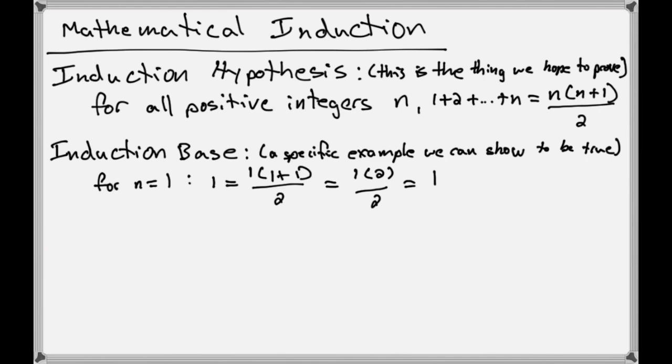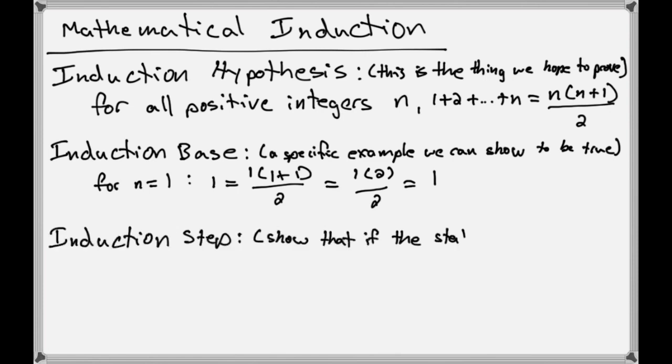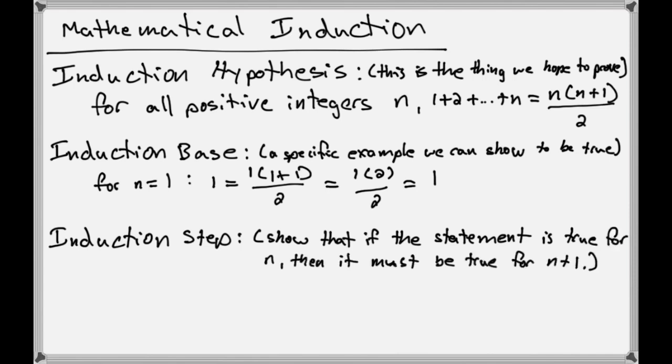Now our inductive step is to show that if it's true for n, then it's also true for n plus 1. We get to assume that it's true for n, and indeed we found a value for n for which it is true. Then we want to use arithmetic essentially to show that it must be true for n plus 1.